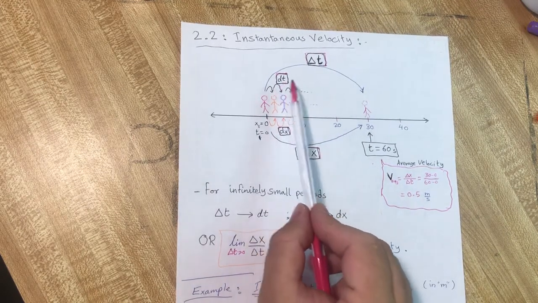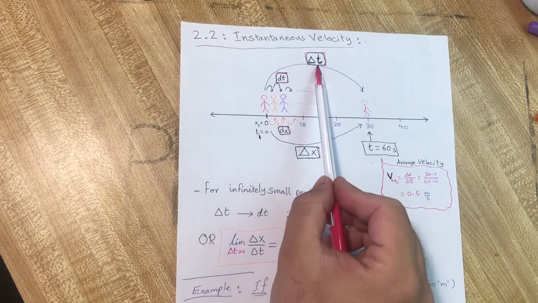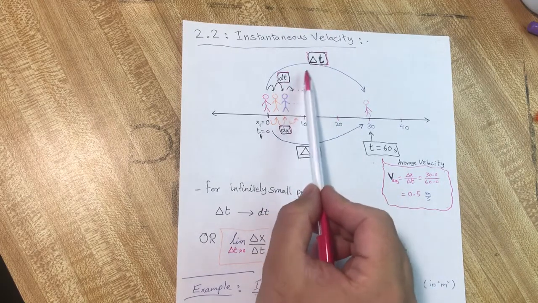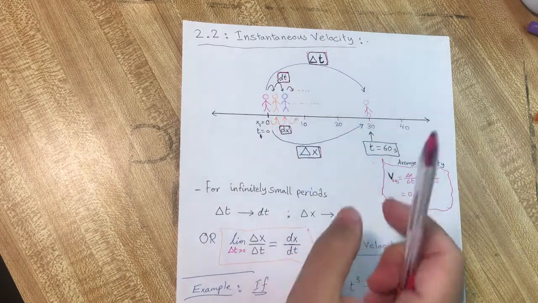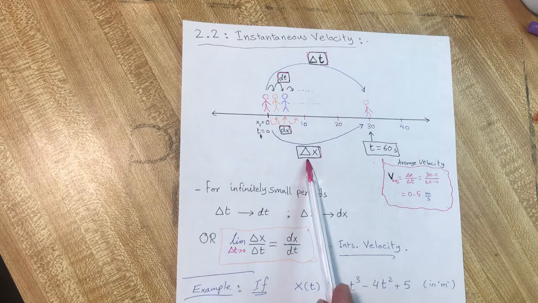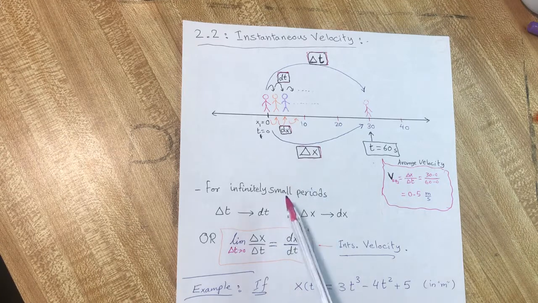dt is the same as delta t, but when delta reaches 0, or a very small value. And the same for dx. It is the same as delta, but it is the limit for delta when delta goes to 0.